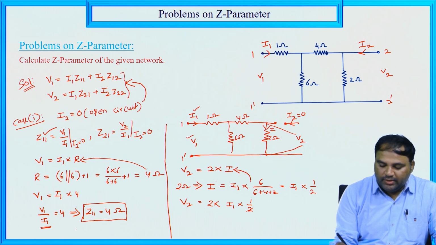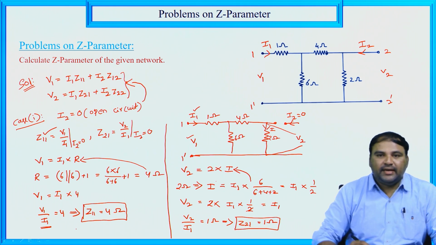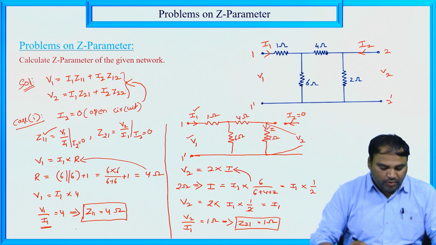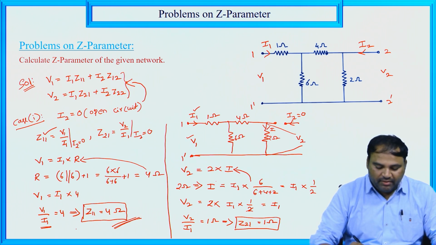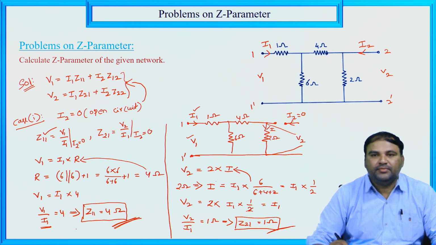So here the 2 gets cancelled, that is equal to I1, where V2 by I1 equal to 1 ohm, or Z21 equal to 1 ohm. So Z21 is the second parameter, Z21 is equal to 1 ohm. So we have Z11 as 4 ohm, and Z21 is 1 ohm.